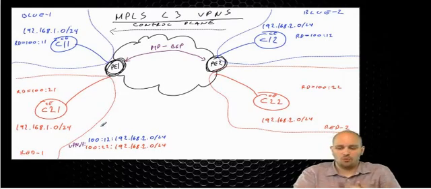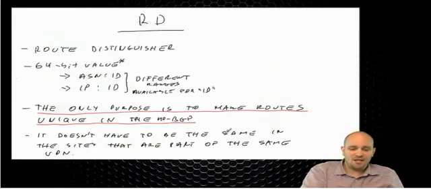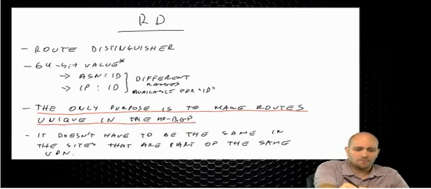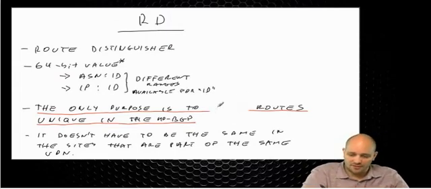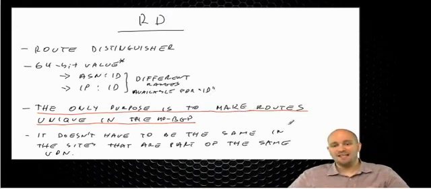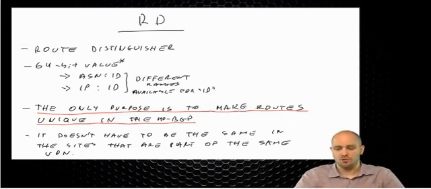And this is the reason why I said that this is the only purpose that RD is used for. It is used to make the routes unique. So this is the only purpose that RD is used for.